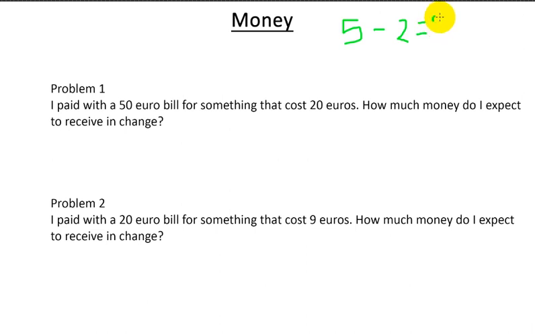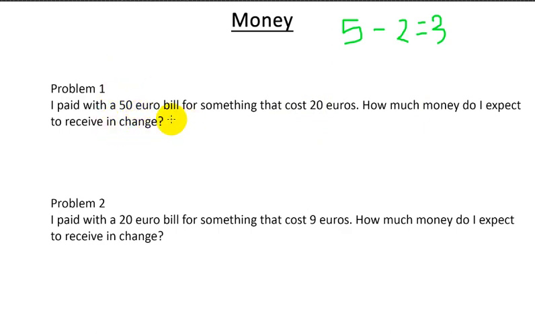So in this case, 5 take away 2 would make 3. So you give them the €5 bill, and they need to give you back the pencil, which you bought, and €3.